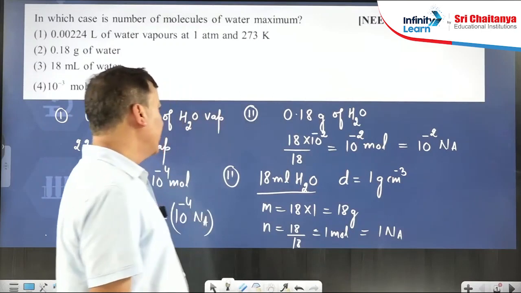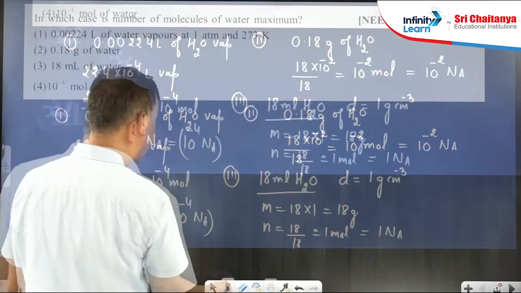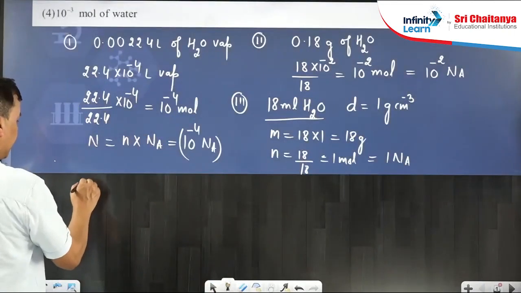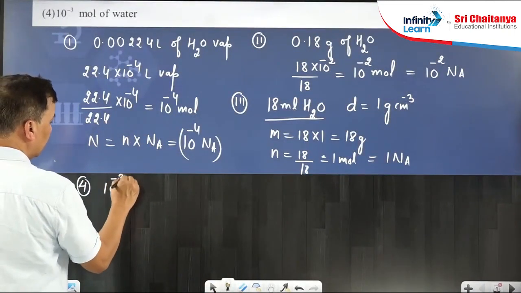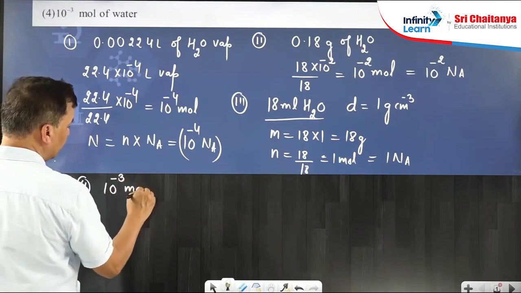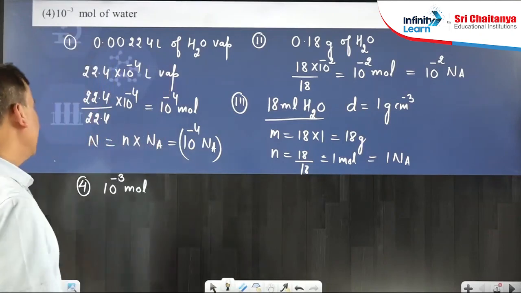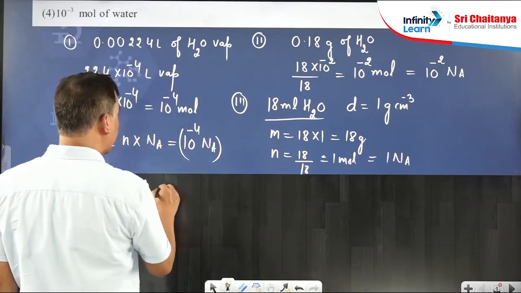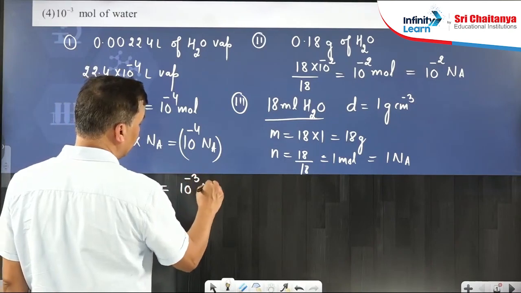Is that clear? Now, dear student, I am solving option number 4. For option number 4, please tell me how many moles of water are there? There are 10 raised to power minus 3 moles of water. Is that clear? So, dear student, how many molecules will be there? That is 10 raised to power minus 3 Na.